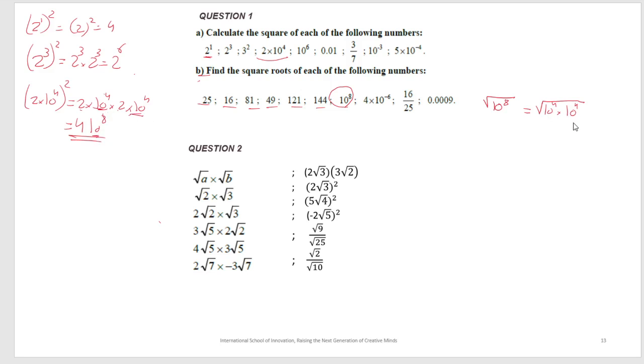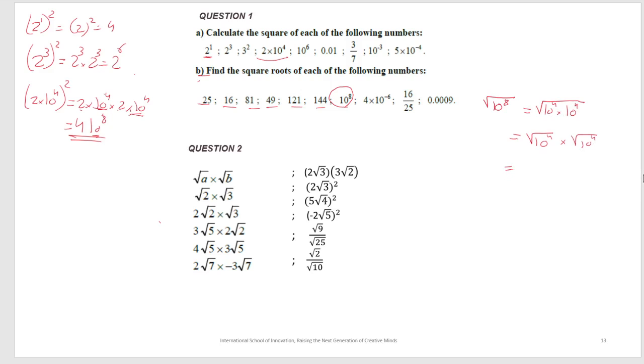So write it in the previous formula, 10 power 4 times 10 power 4, and this is equal to radical 10 power 4 times radical 10 power 4. This is the only one that I will solve, and I feel it's somehow hard for you.